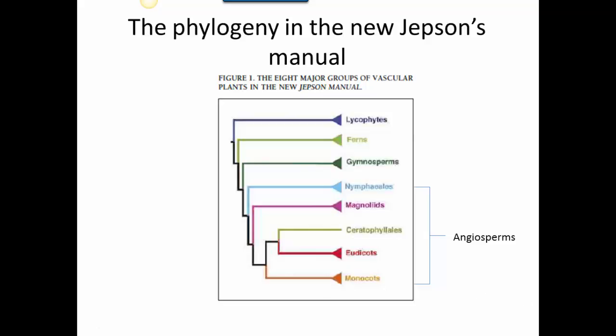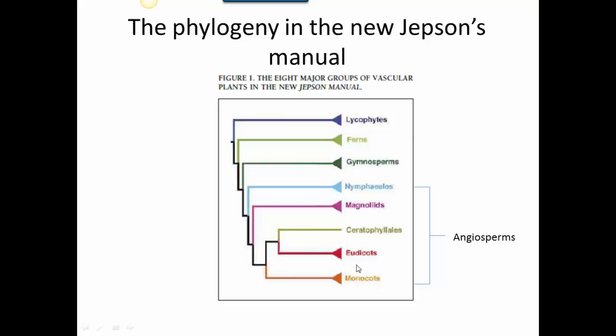We're going to start by taking a look at the nymphales and the magnoliids, or these basal groups of angiosperms. Many refer to them as primitive angiosperms, and you can see that they did branch off more distantly than the rest of the angiosperms, than the really large groups, the eudicots and the monocots. So they are primitive in that sense.